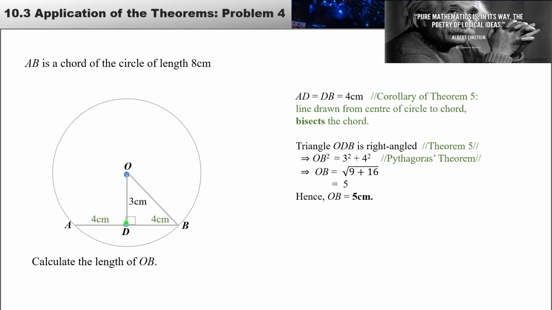After bisecting the line, you get this right angle triangle. Again, theorem 5 guarantees that. And then you use Pythagoras' theorem, stuff that you learned in 4th form, 3rd form, I don't know. And then using Pythagoras' theorem would get you to the final answer.